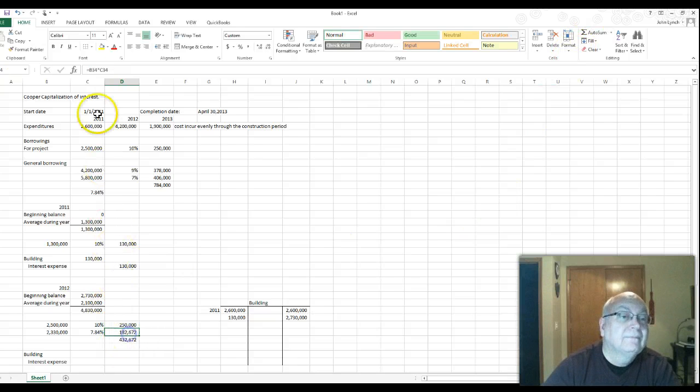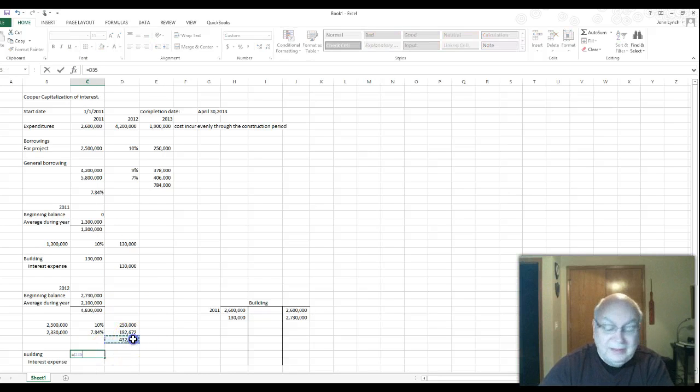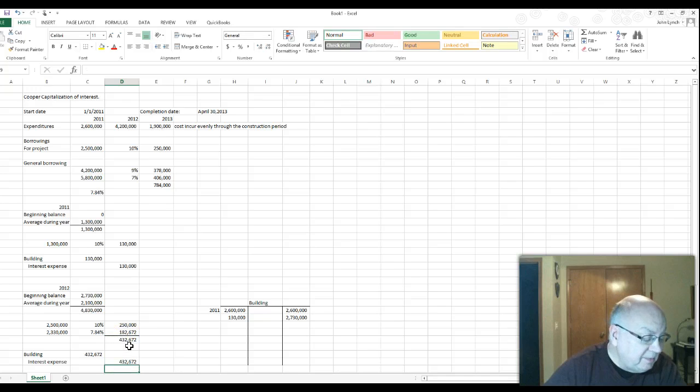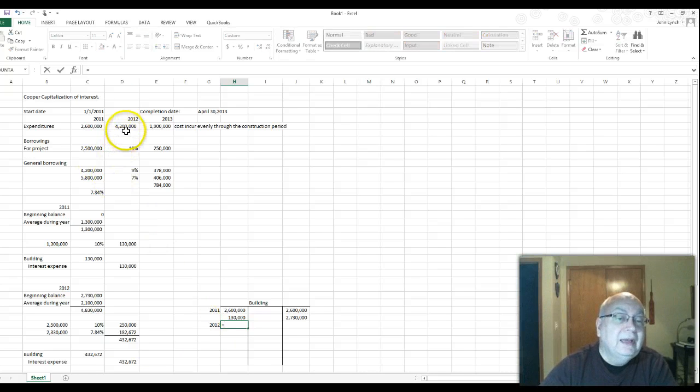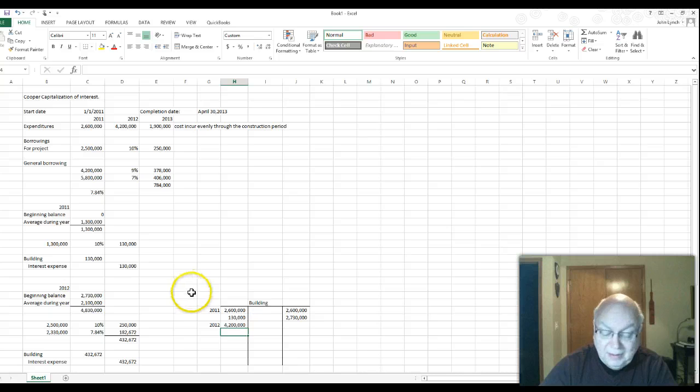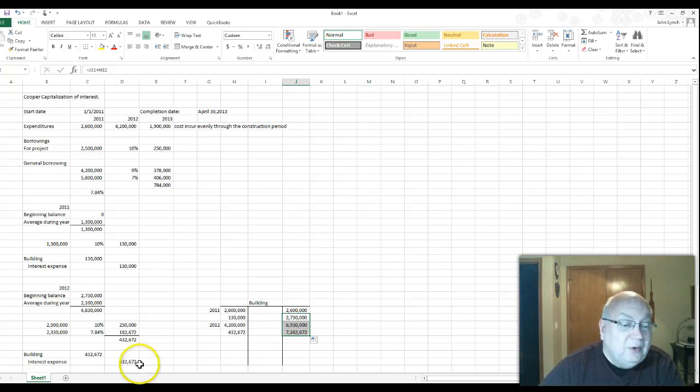Now for the building, that's the amount that we would debit the building for, the $432,672, and we'd credit interest expense for that same amount. So over here for 2012, that's my date. This time the expenditures is the 4.2 million that we put in here and the amount of interest right there. Then we just copy this down to see what our balances are. Okay, so that's what we have so far.